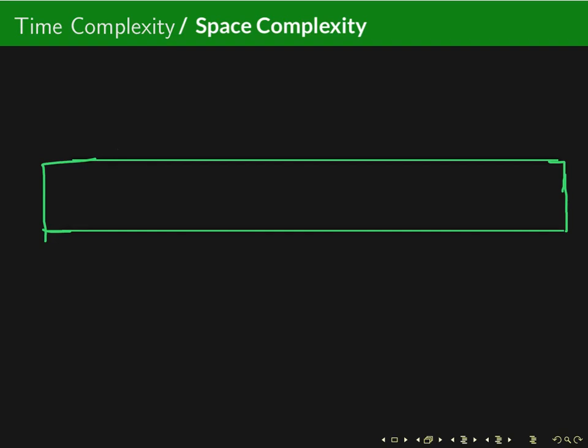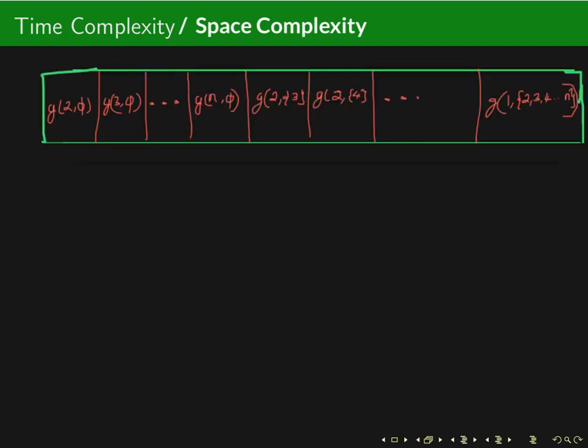For example, the array starts with the value g of 2, {5}, then g of 3, {5}, and so on up to g of n, {5}. Note that all these min costs are min costs when the number of vertices yet to be visited, or the subset size, is 0. That means the size of the subset in all these cases is going to be 0.